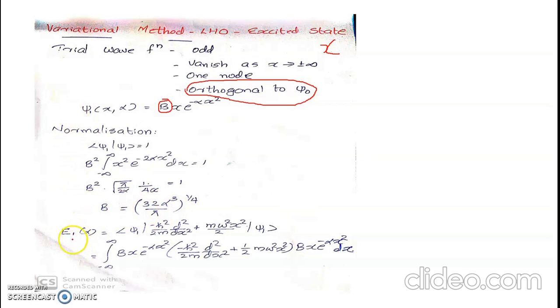Now the second step, we will have to evaluate the energy eigenvalue of the relevant quantum state in terms of this parameter, say alpha, which is the adjustable parameter. Scalar product psi1 with minus h bar square by 2m d square by dx square plus m omega square x square by 2, acting on psi1. We substitute these terms and separate this into two different integrand terms.